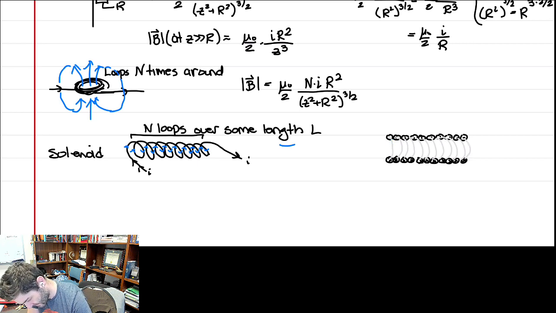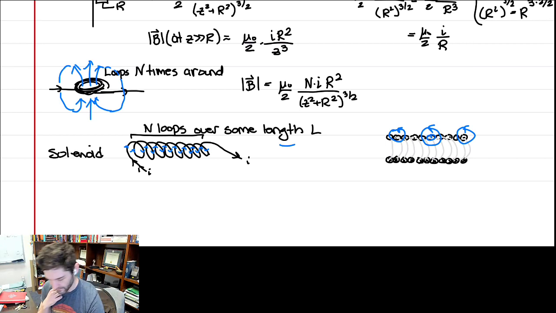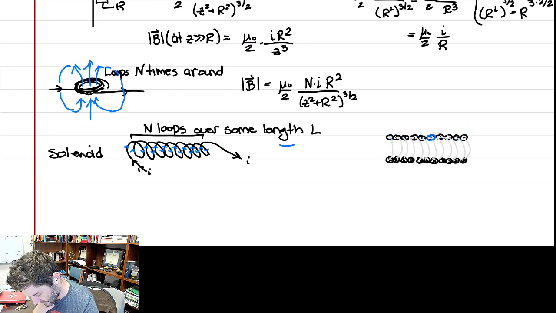Similarly, this one goes counterclockwise, and this one too, and similarly for all of them. So when you add all of them together, you essentially get a big loop that goes around in the counterclockwise direction.